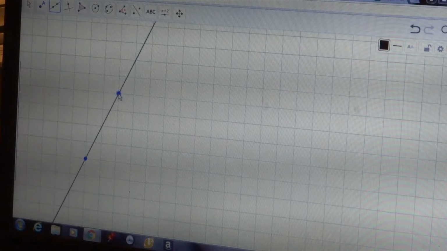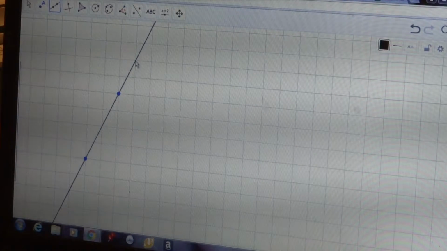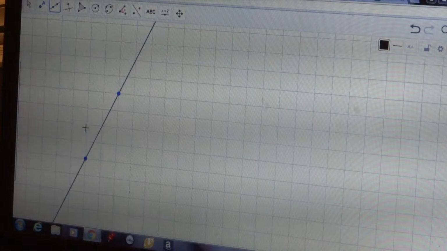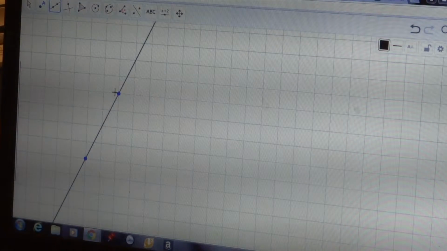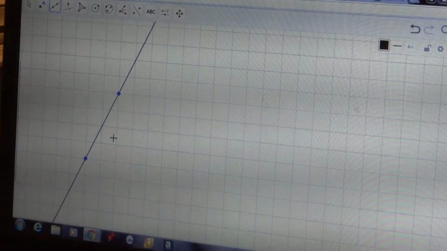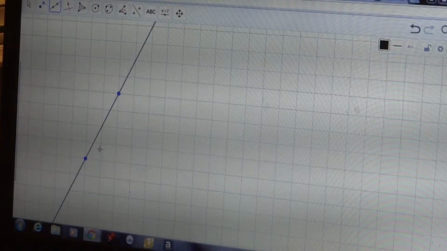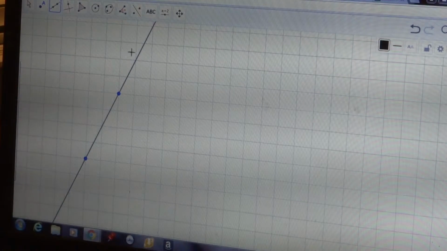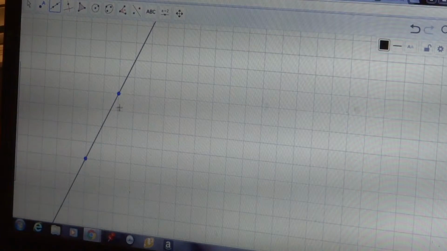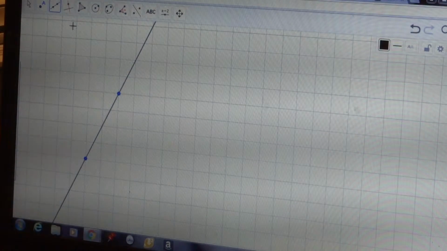I can put a point, up 2 over 1. You'll see that if I follow it as rise over run, I will consistently get to all the points that are on this line. So this is just one example of an increasing line. It's going up as I go from left to right.